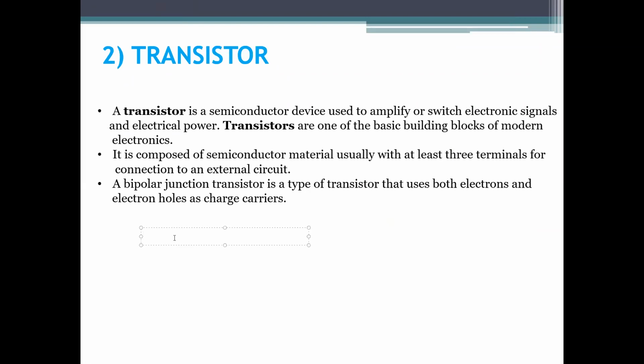So the transistor has 2 PN junctions and 3 terminals: emitter, base, and collector.